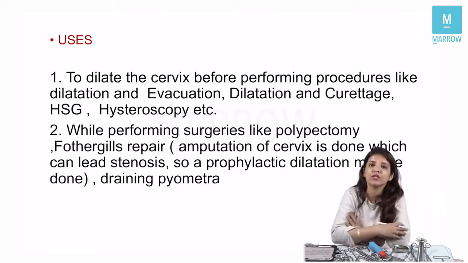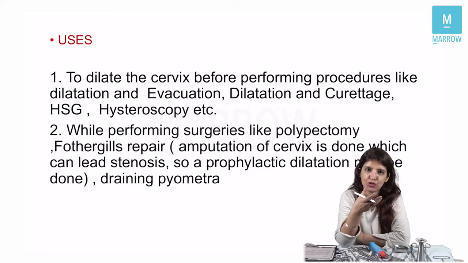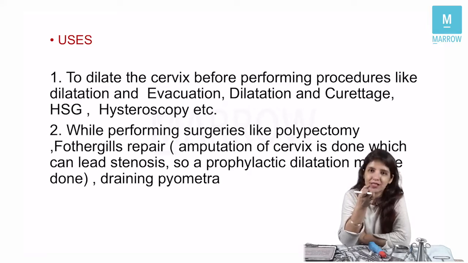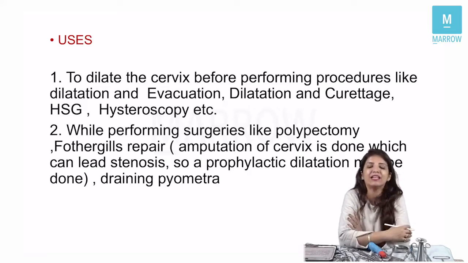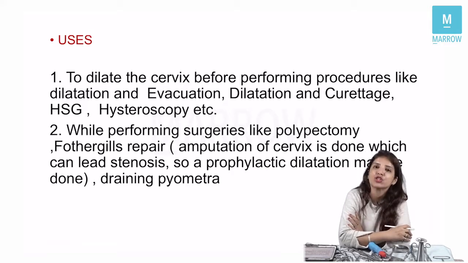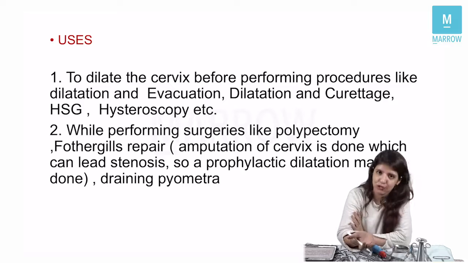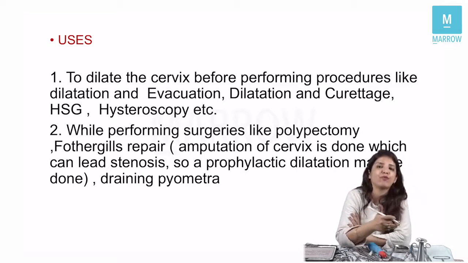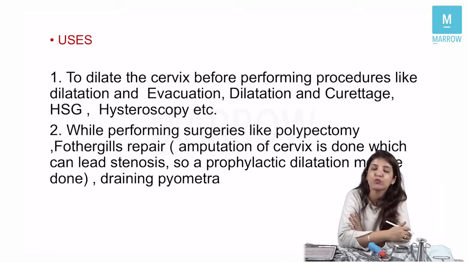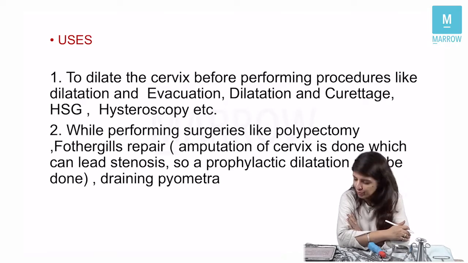After amputation, there are a lot of adhesions and fibrosis, and that leads to stenosis of the cervix. So to prevent stenosis after surgery, before performing amputation of the cervix, we dilate the cervix, right? That is prophylactic dilatation which we do in Fothergill's repair.